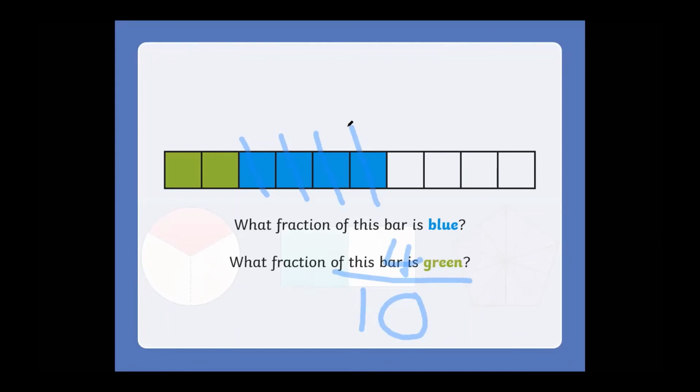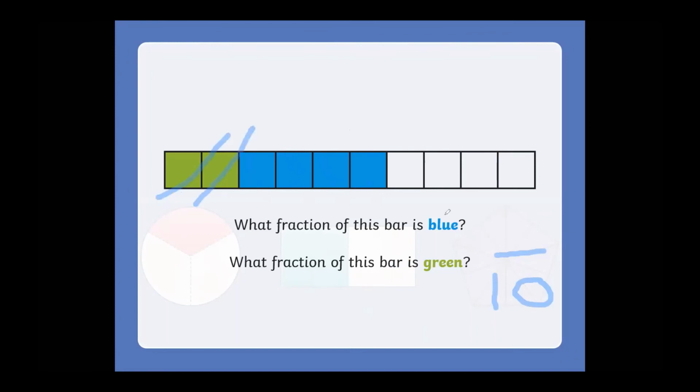What fraction of the bar is in green? Let's see. So we know that our denominator isn't going to change. We still have those 10 parts. And in green we have 1, 2. So 2 tenths of the bar is green.